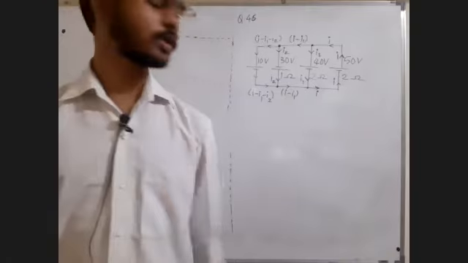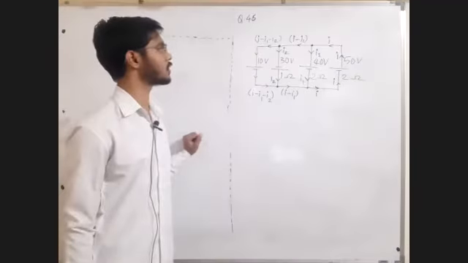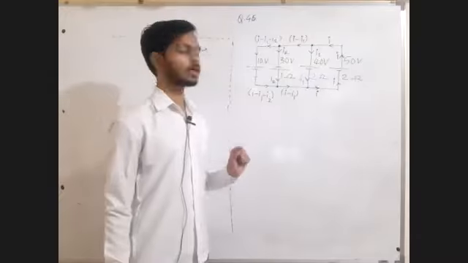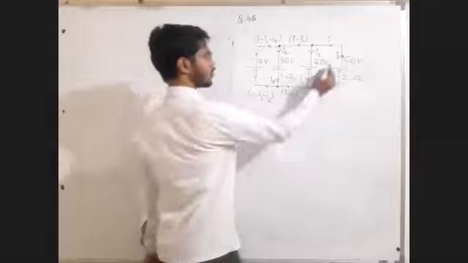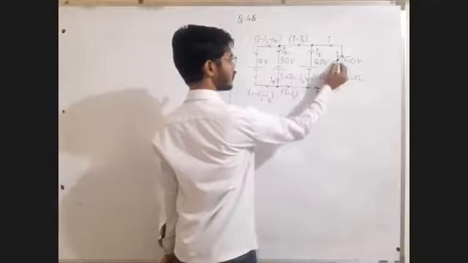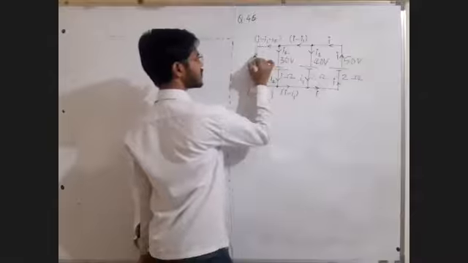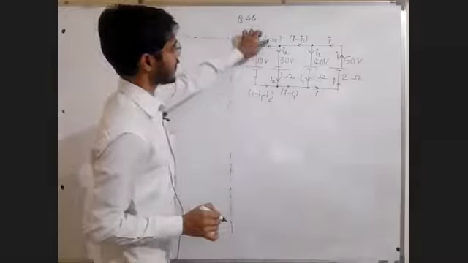So current allocation is done with the help of Kirchhoff's current law. It is also called KCL. Now we want to find out current through each wire, in the sense each battery. So we have to find I1, I2, and this current is I minus I1 minus I2.